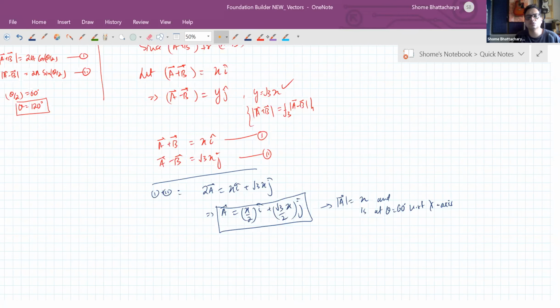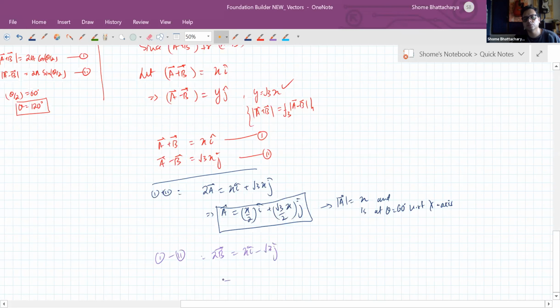Now similarly, one more thing you can do is subtract the two equations, equation 1 minus equation 2. So you will get 2b is equal to x i cap minus root 3 x j cap. So you will get the vector b as x by 2 i cap minus root 3x by 2 j cap.